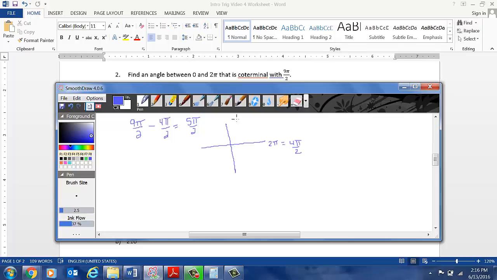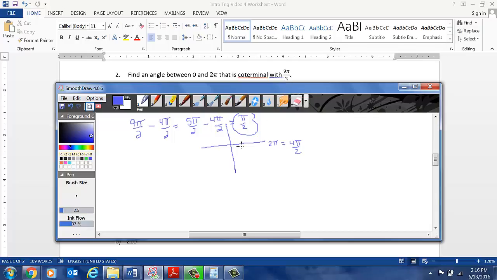So I'm going to subtract 2 pi again. And that takes me to pi over 2. So pi over 2 is an angle in between 0 and 2 pi that is coterminal. Again, it shares the terminal side of the angle with 9 pi over 2.